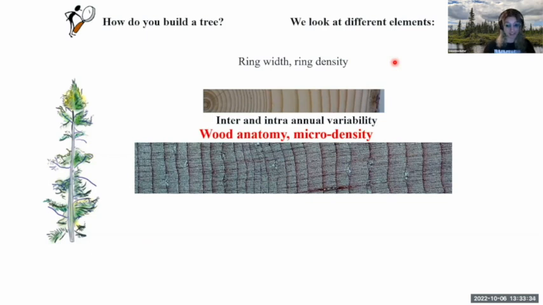And what happens in that specific moment of the year will affect tree growth. This is a scale that we can investigate with wood anatomy and with microdensity, like the very high resolution profile of density across a tree ring.